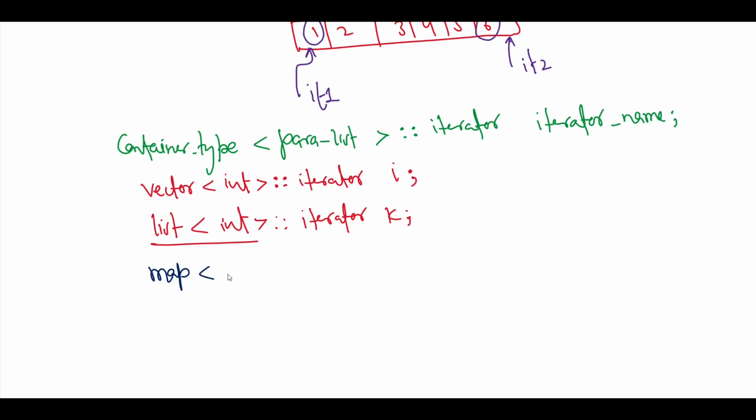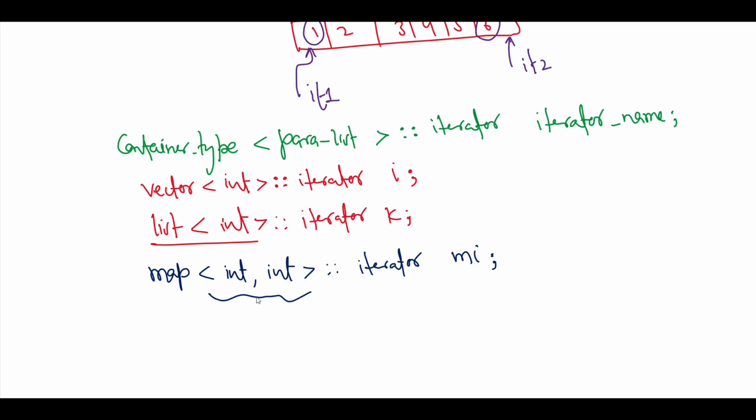For a map of integers, you have to write int, int, as it has key and value as integers, then use the scope resolution operator, write iterator here, and then you can write maybe mi, which is a map iterator. So this map iterator is for the map of integers. That's how you can create iterators in STL.